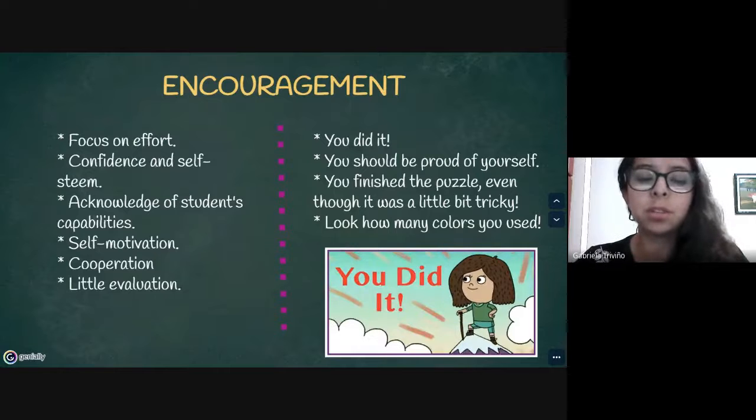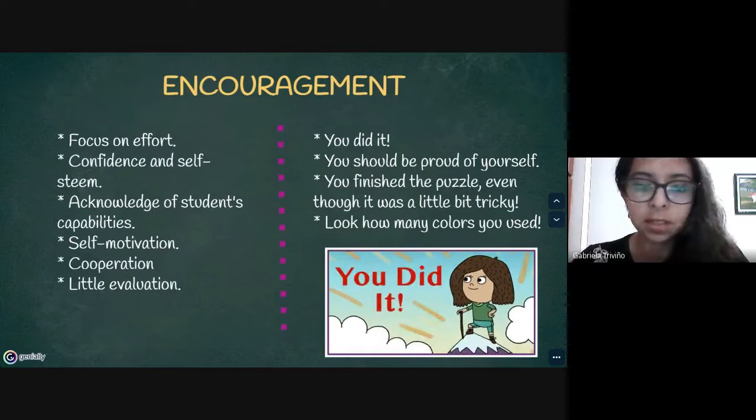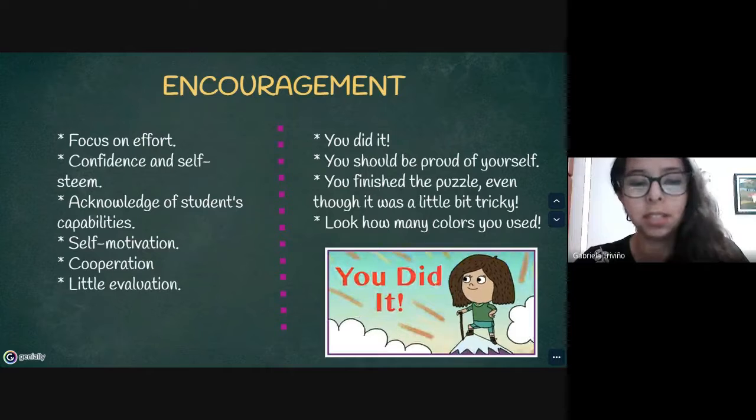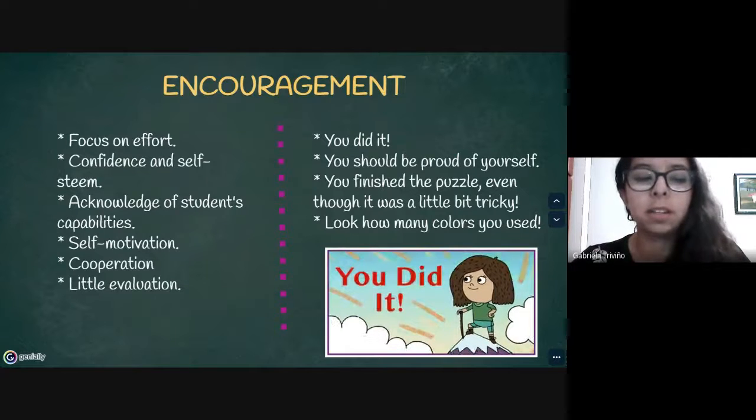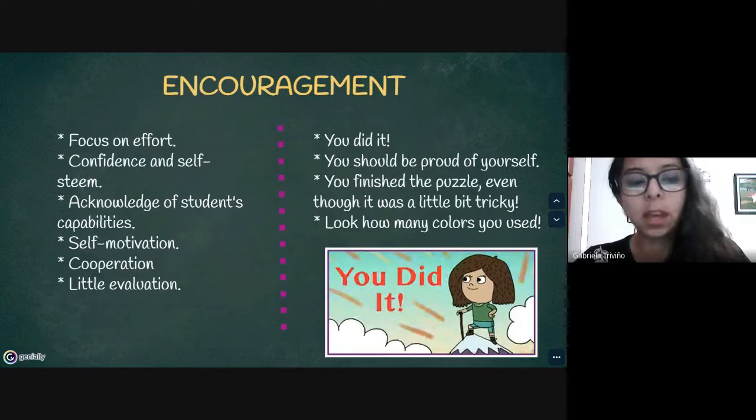It also helps students build confidence and self-esteem. It focuses on acknowledging or recognizing the learner's capabilities, allows them to become self-motivated, and also stimulates cooperation and contributes to the good of all the members.